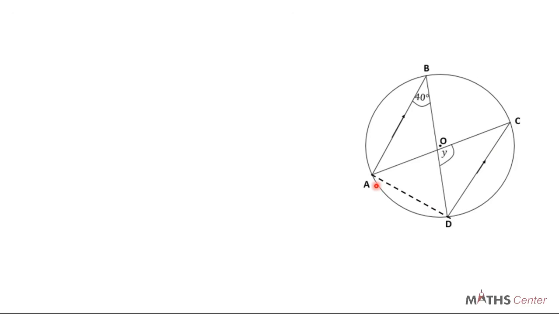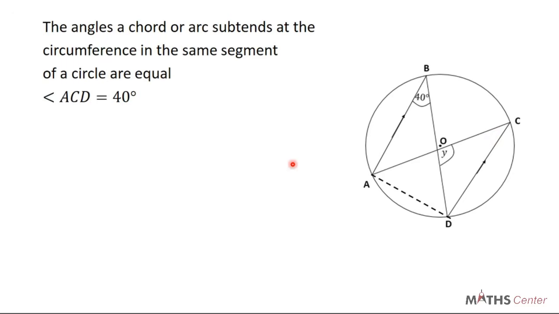We know that angles created or subtended at the circumference by the same chord in the same segment are equal. So if AD is creating an angle of 40 degrees at B here, then the angle that AD is creating at C will also be 40 degrees. So what this means is that angle ACD, that is the angle created here, is also 40 degrees. So we have used this property to find this angle to be 40 degrees.